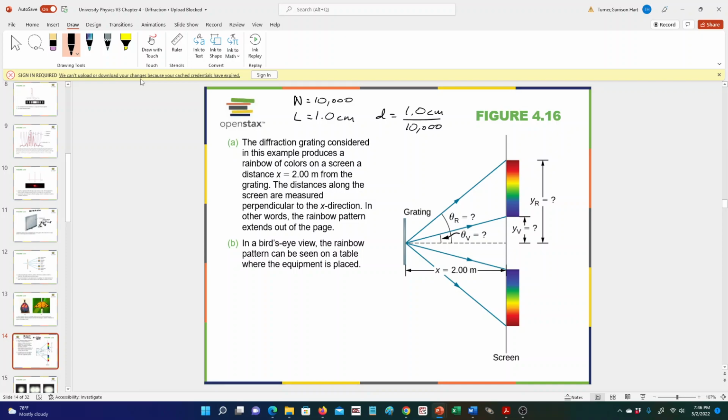So, for example, if you use violet at a typical wavelength of about 380 nanometers, and you would use red at about 750 nanometers, then you can calculate what the width of this pattern would be on the screen, for example. Right?